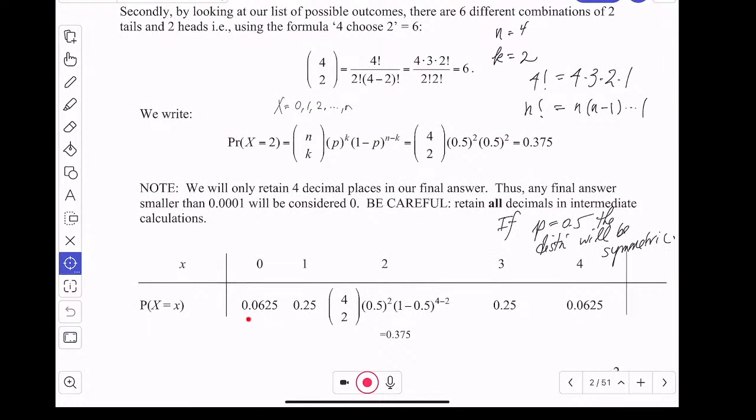So it'll look symmetric. If it's not 0.5, it's not going to be symmetric. We're going to have a look at that in a moment.